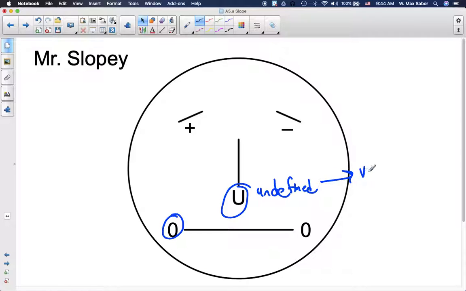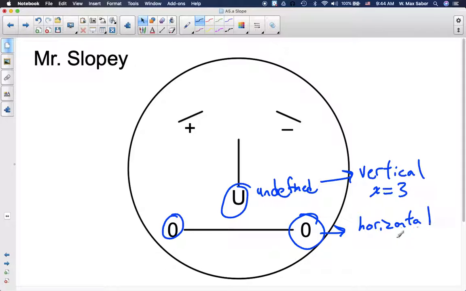Undefined slopes are vertical lines and look like x equals. And horizontal lines have a zero slope, and they look like y equals.